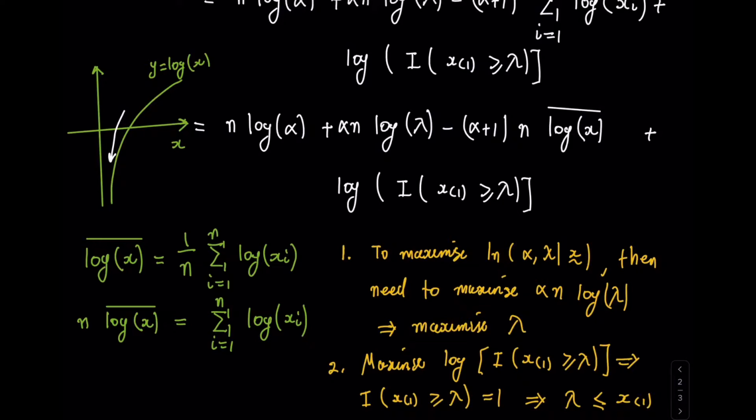Putting these together, we need to, one, maximize lambda, but also we have the constraint that lambda has to be less than or equal to the minimum value of the data. And so putting these two together, we end up with the following condition. Lambda hat has to equal the minimum value of x in order to maximize the likelihood function. And that is how we derive the first maximum likelihood estimate.